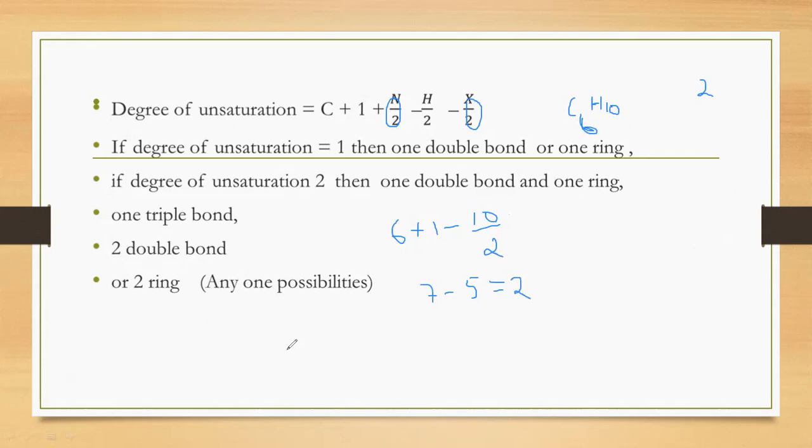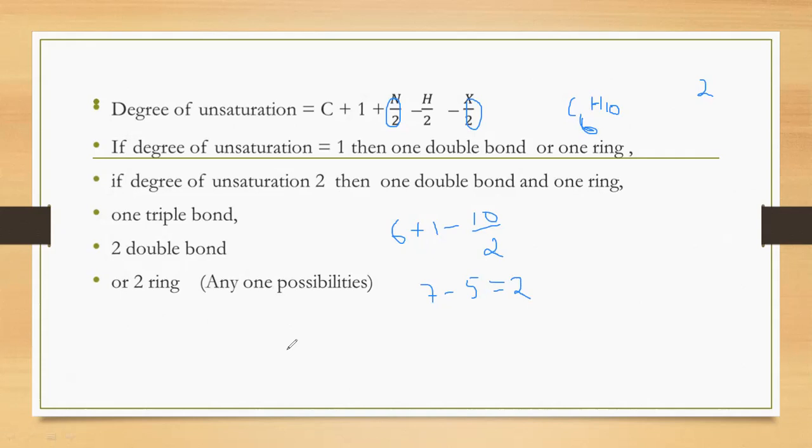What does it mean? It can have 2 pi bonds, or it can have 2 rings, or it can have 1 ring and 1 pi bond, meaning 1 double bond will be there. Or it can have 1 triple bond also, meaning 2 pi bonds. So this is how to predict the degree of unsaturation.